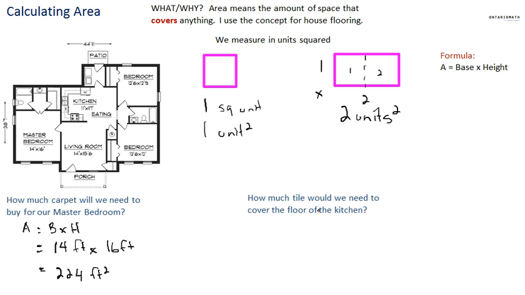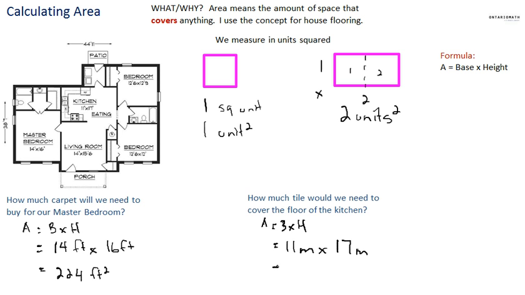Let's try it again for the tile. Let's pretend that instead of feet, it's meters, even though that would be a really large kitchen. So I'm going to write the formula again. Area equals base times height. And it equals, let's look at the kitchen. The kitchen, including the eating area, is 11 meters times 17 meters.